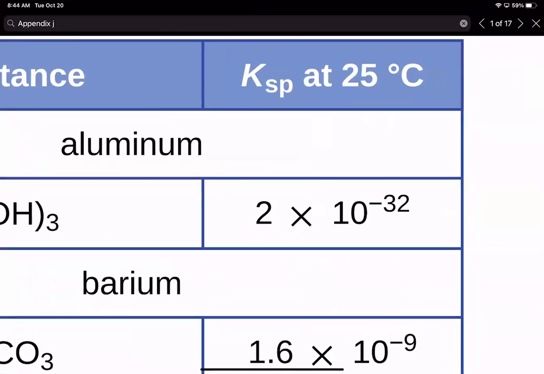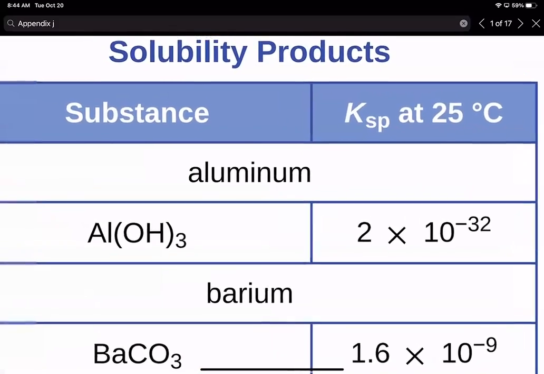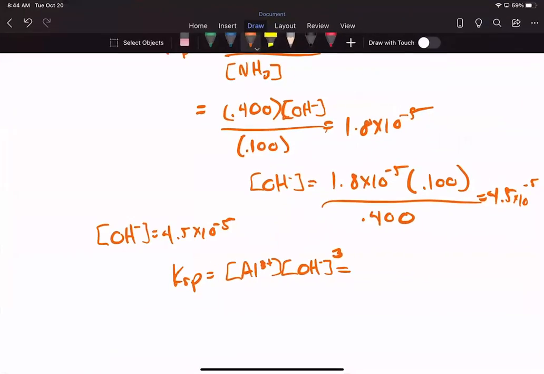There it is. Perfect: 2 times 10 to the minus 32. Let's substitute our values in. So no ICE table needed. We've got 4.5 times 10 to the minus 5, to the third, equals 2 times 10 to the minus 32.